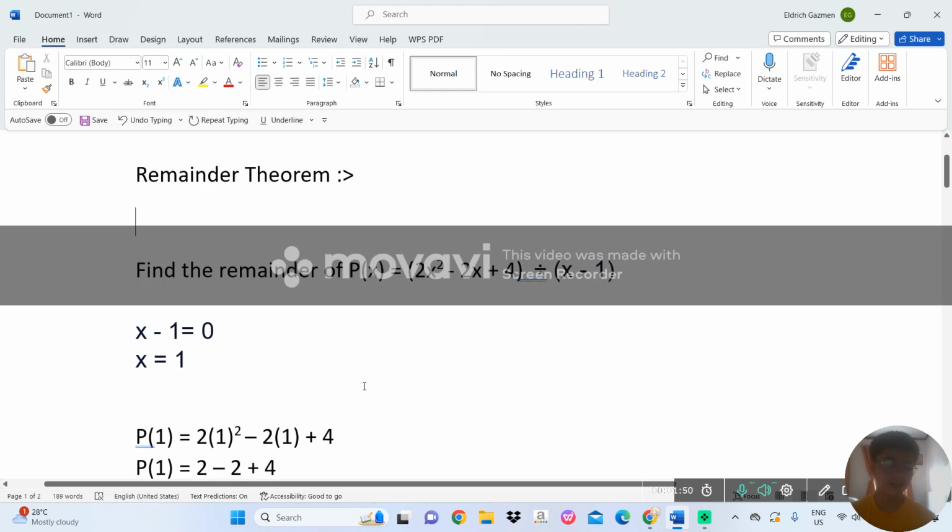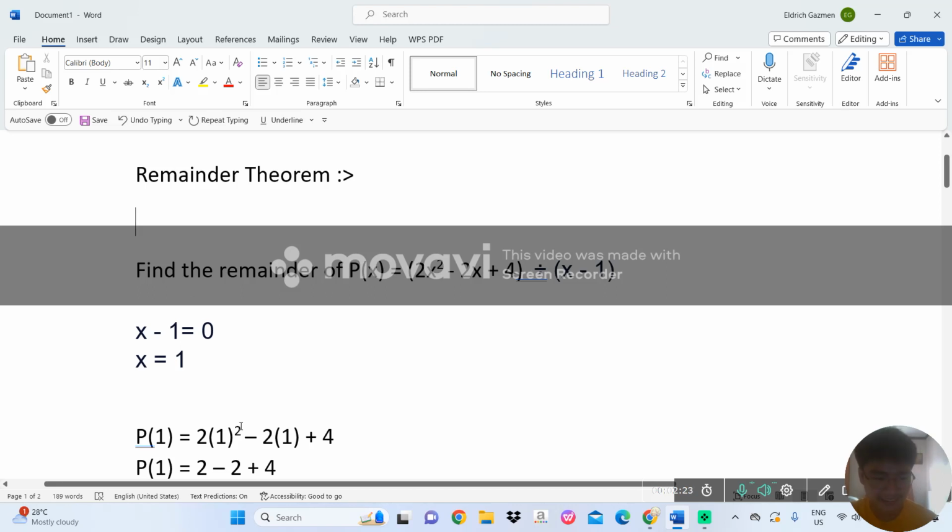So, 2 times 1 squared minus 2 times 1 plus 4. We follow BODMAS or PEMDAS when we solve this. So, first, we solve the exponents. So, 1 squared, or 1 times 1, is 1. Then 1 times 2 is 2. Now, don't get confused, okay? This is not 1 times 2.